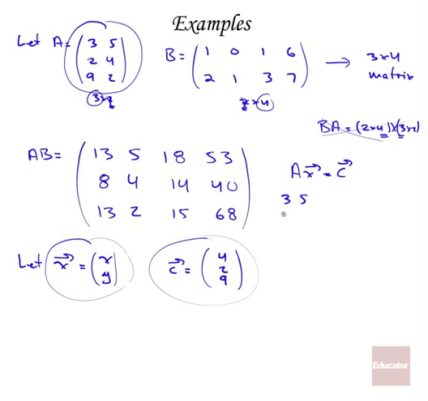So we end up with 3, 5, 2, 4, 9, 2 times x, y equals 4, 2, 9.